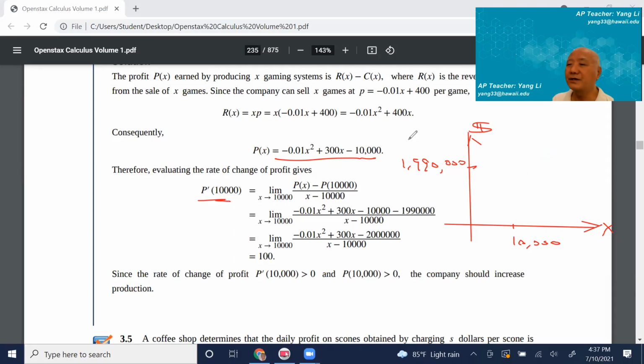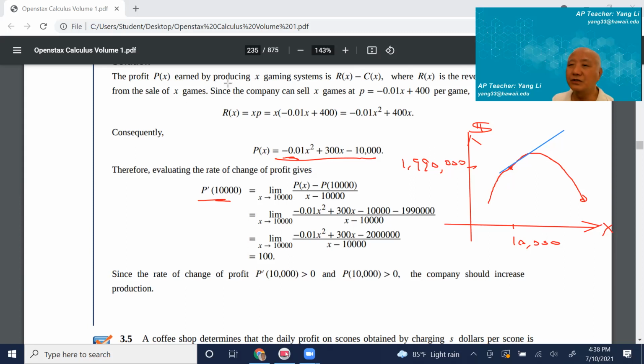Because the graph is a negative parabola, the general sketch will be like this. Since at this point the tangent line is positive, the slope is positive. That means what?